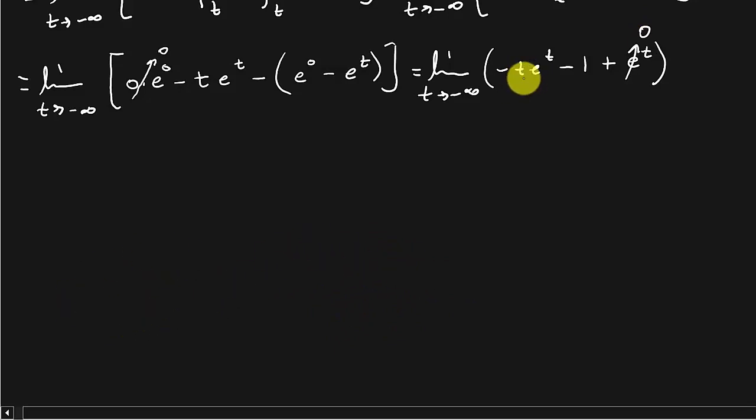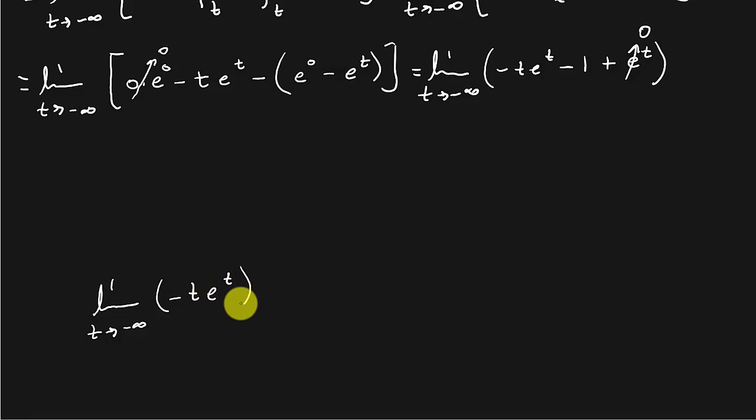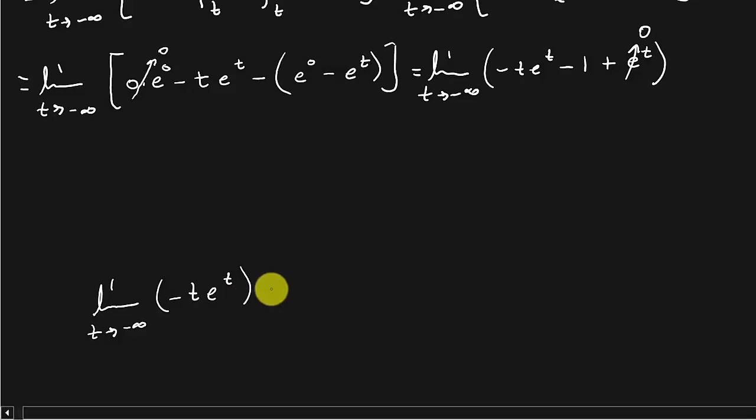All right, now let's look at this part. The limit as t goes to -infinity of -t e to the t. So what is this one going to look like? Well, if you think about when you learned how to do L'Hopital's rule, what we'll do here is rewrite this thing as -t over e to the -t.